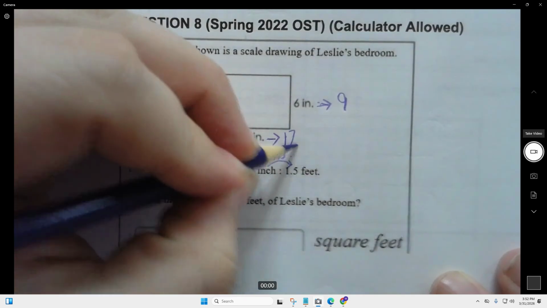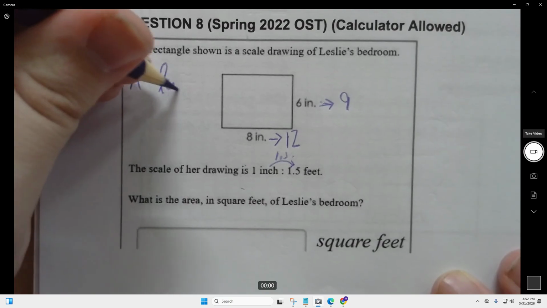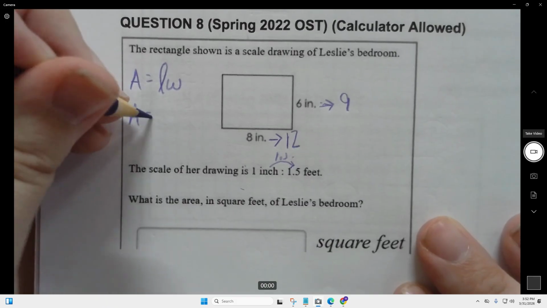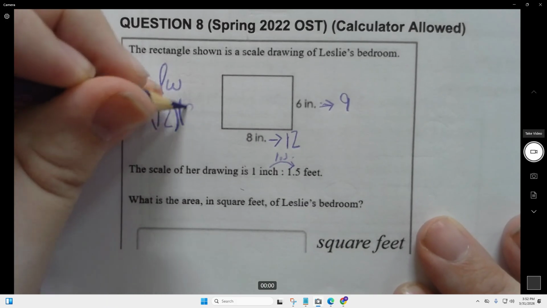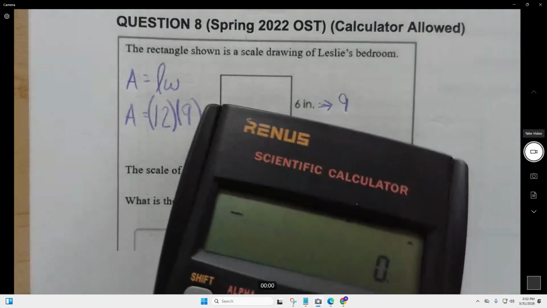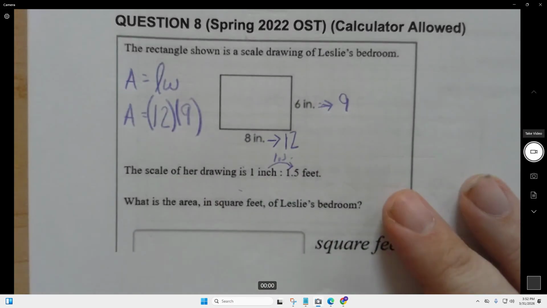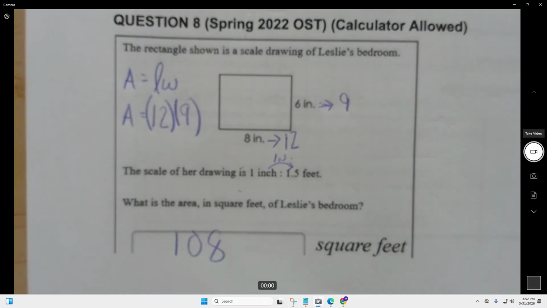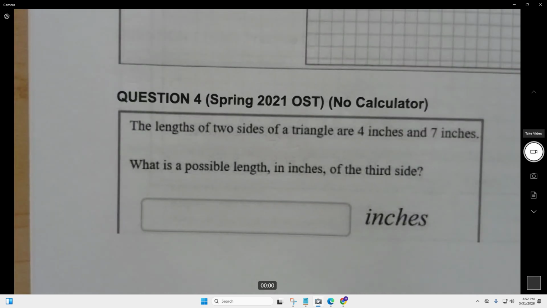Now, you can find the area. Area is still length times width. Your length is 12. Your width is 9. So your area is 12 times 9, which is 108. Alrighty.